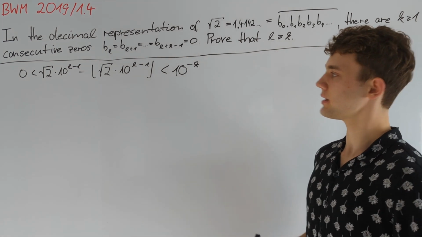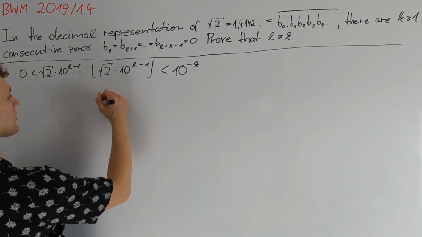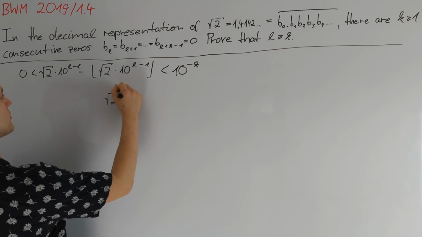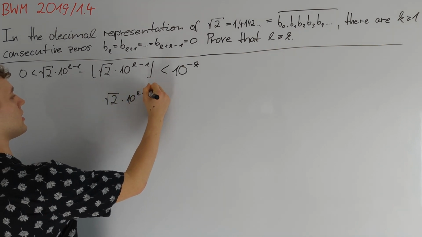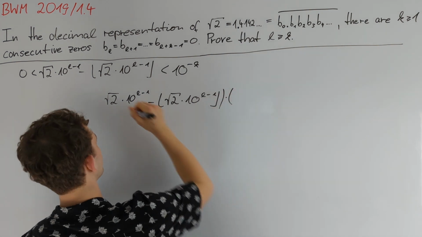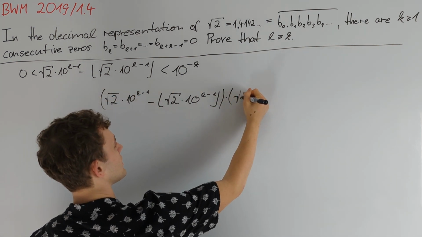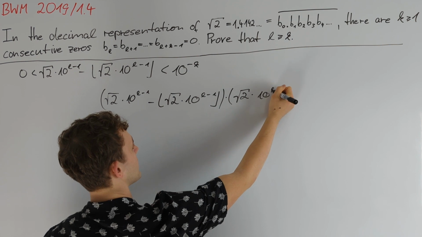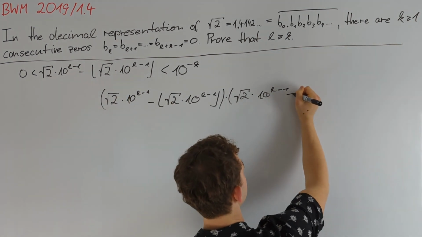In this concrete case, we are considering the quantity square root of 2 times 10 to the power of L minus 1 minus its floor, times the square root of 2 times 10 to the power of L minus 1 plus its floor.